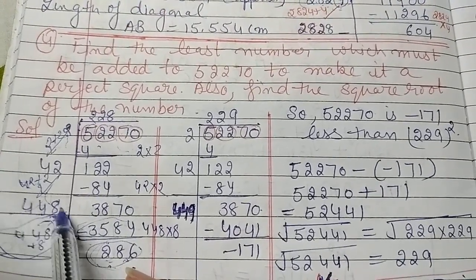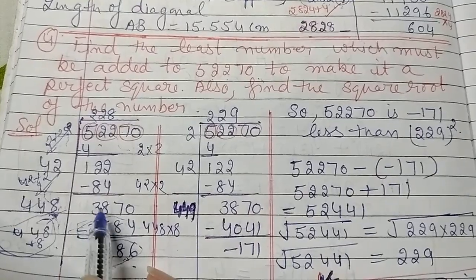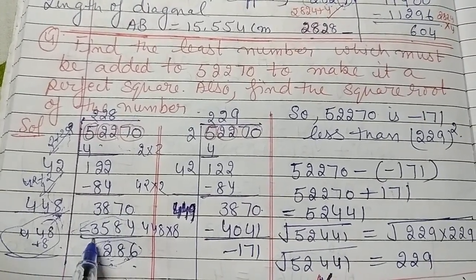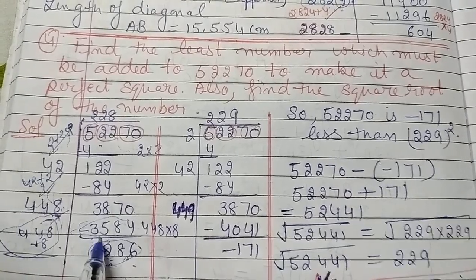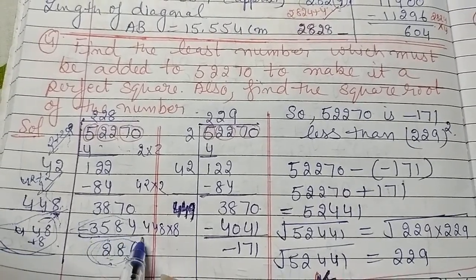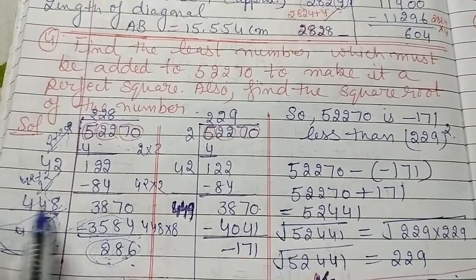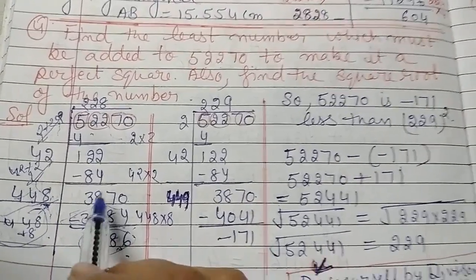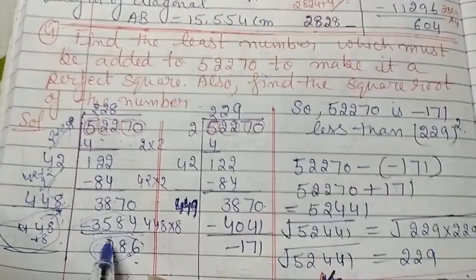So if I go with 448, that number gives me 3870 minus 3584. It means 448 multiplied by 8 gives you 3584. That is less than 3870.